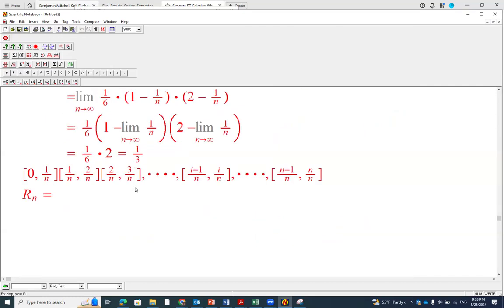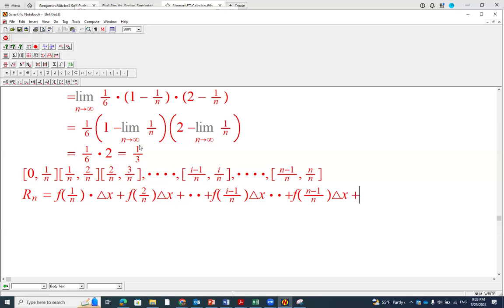And not the n minus 1. The last one is f of n over n. I was just taking a shortcut. So n over n, and multiply by delta x. Let's check if it works. This is for the first subinterval, this is the height, and that's the width.